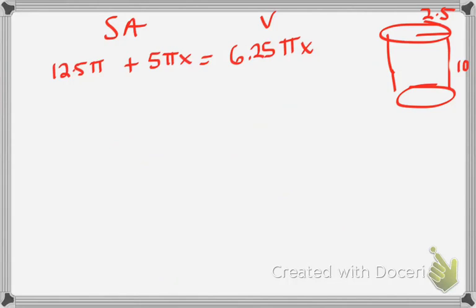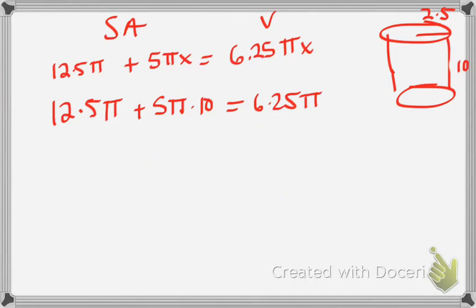Now, if I know that x is 10, I can figure out the surface area. So 12 and 5/10 pi plus 5 pi times 10 equals 6 and 25/100 pi times 10.